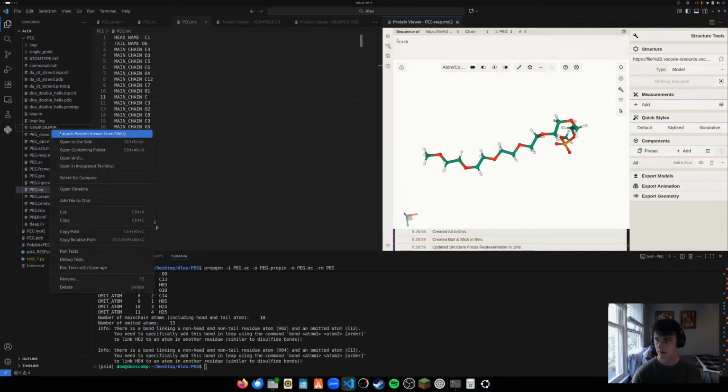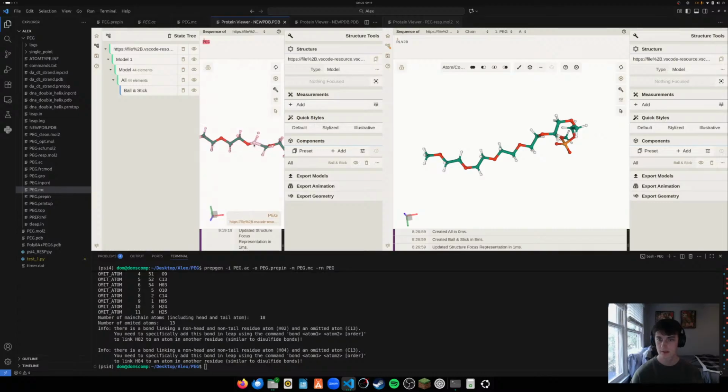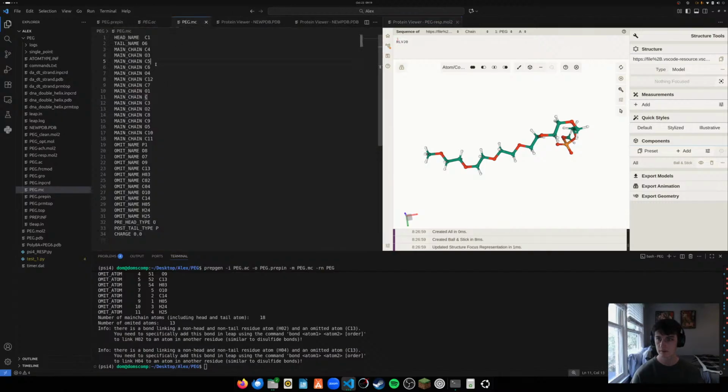Let's look at the PDB. It still has that. Like, what is that? Is C2 included?